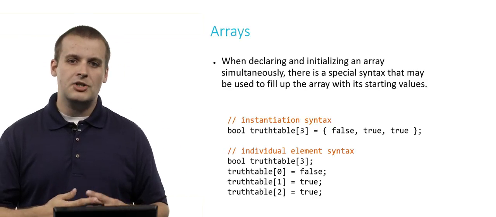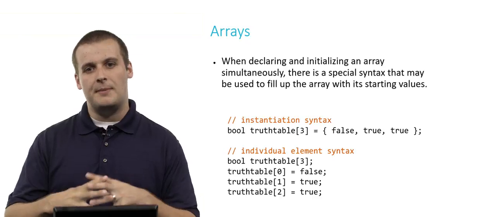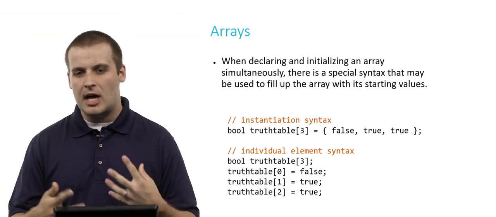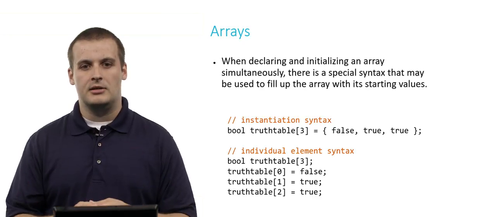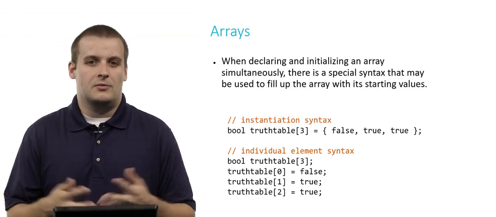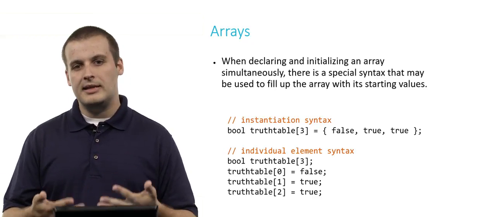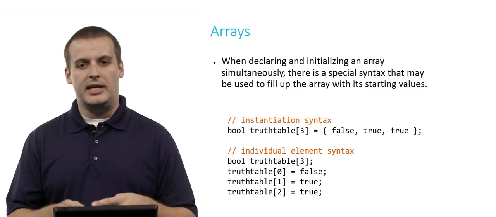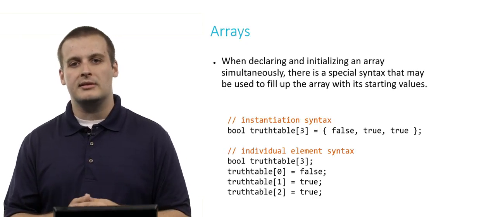Now, when you declare and initialize an array simultaneously, there's actually a pretty special syntax that you can use to fill up the array with its starting values. It can get kind of cumbersome to declare an array of size 100 and then have to say element 0 equals this, element 1 equals this, element 2 equals that. What's the point, right? If it's a small array, you could do something like this. bool truth table[3] = open curly brace, and then comma separate the list of elements that you want to put in the array.